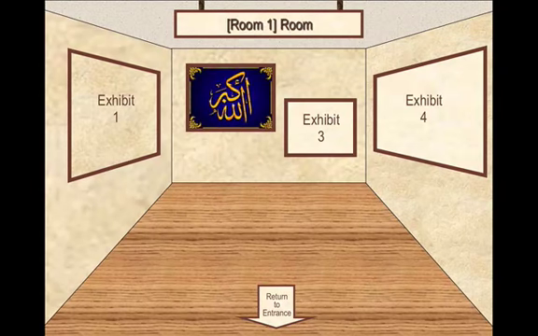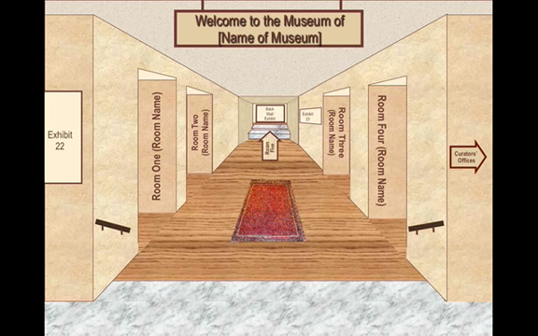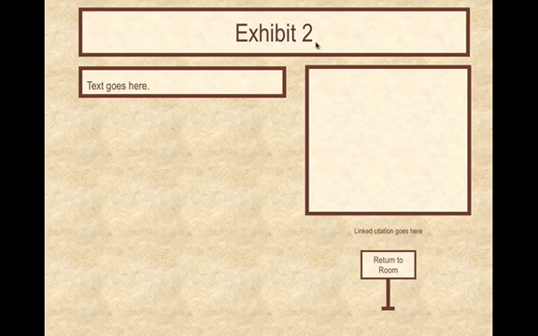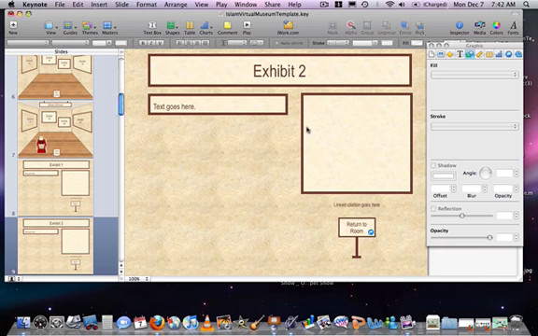So let's go back to slideshow. Now when people walk into this room, let's go back to the entrance. So room 1, I'm looking around, I click this, it takes me to Exhibit 2 because that's what the text box said, Exhibit 2. So here in Exhibit 2, you do the same thing.